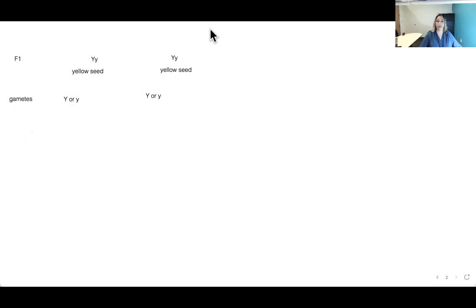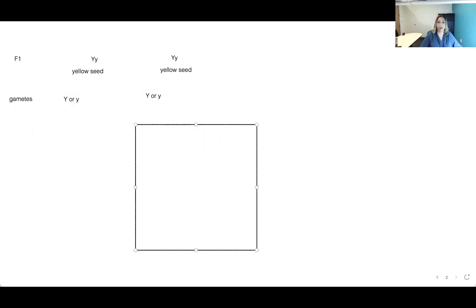So now we are going to draw the Punnett square. Okay, and we will put the gametes from the first individual on top. We have a big Y and a little y.